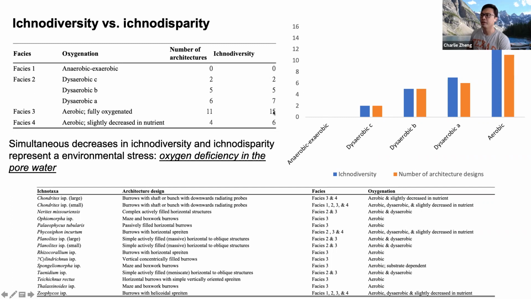In the aerobic sediment, there are 15 ichnospecies, and the architectural designs number 11. And the numbers decrease along with the interpreted oxygenation. So the lower oxygen content in the substrate has fewer architectural designs and lower ichno diversity. This parallel decrease tells us that there indeed is environmental stress, and we interpret this stress as related to oxygen deficiency in the pore water.